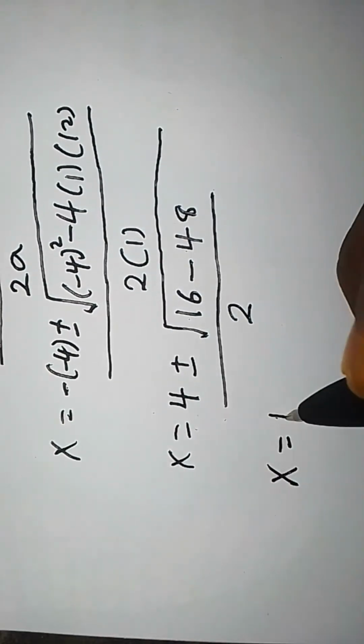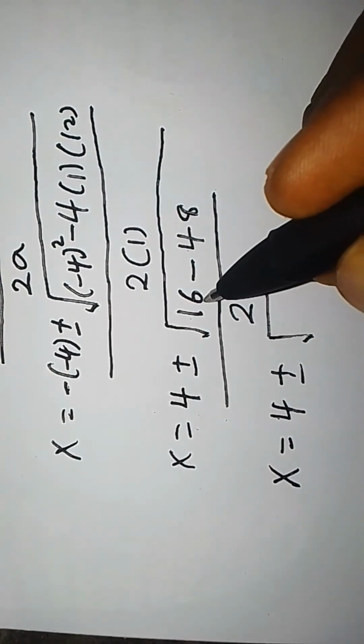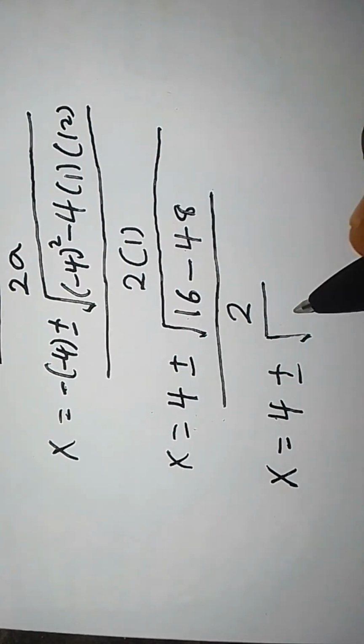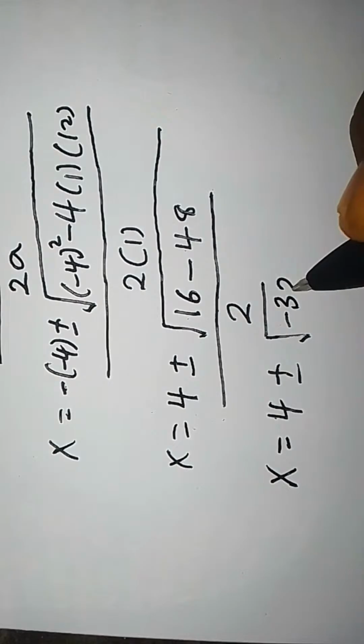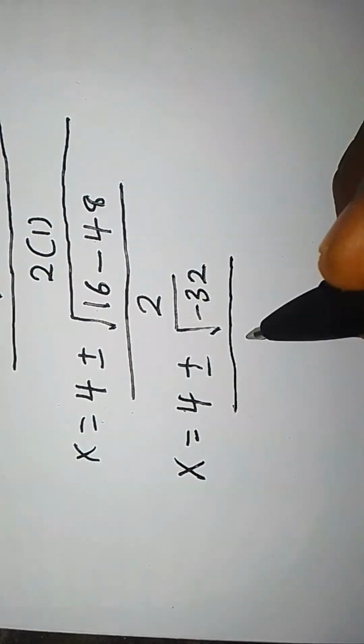X equal to 4 plus or minus square root of 16 minus 48, that is negative 32, minus 32, divided by 2.